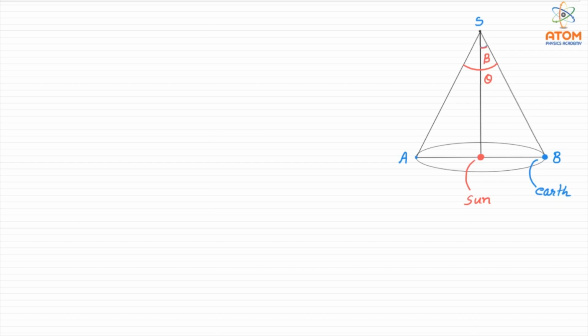This is the angle subtended by the 2 points of the baseline AB at star S. Here, this angle theta will be equal to 2 beta. Mind well, this beta angle is the angle subtended by Sun and the Earth. So, obviously, this angle beta will be 1 second as per the definition.